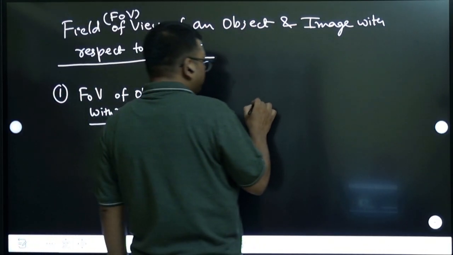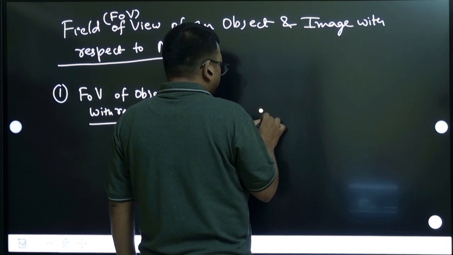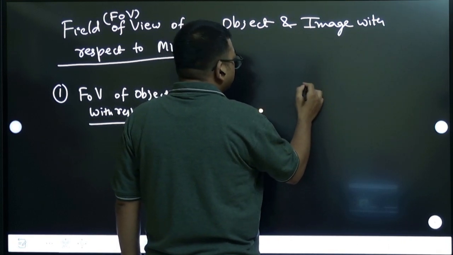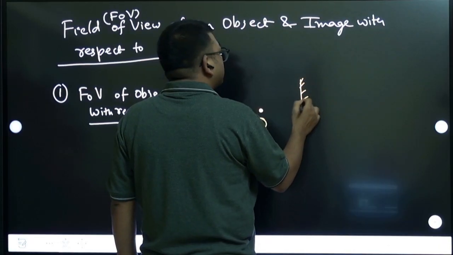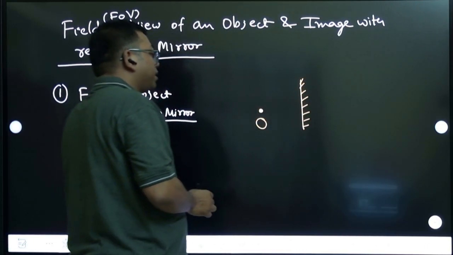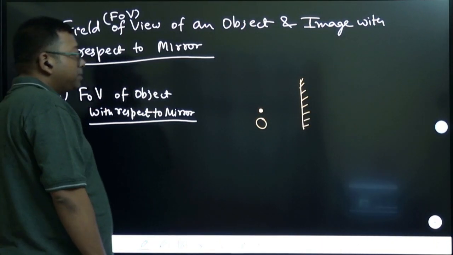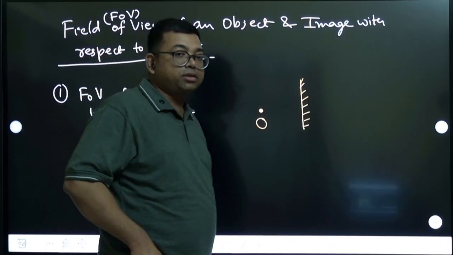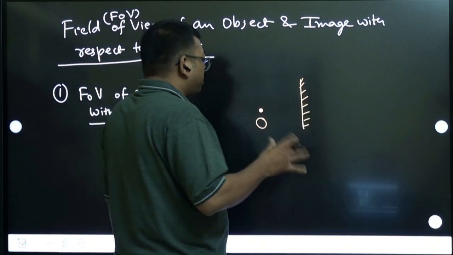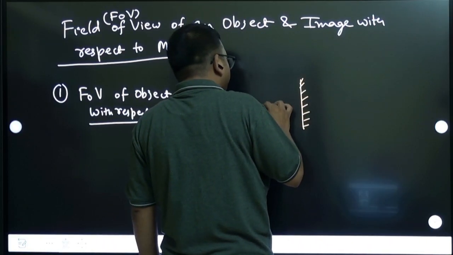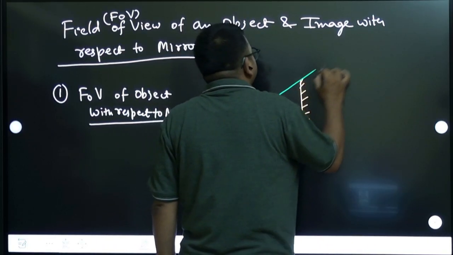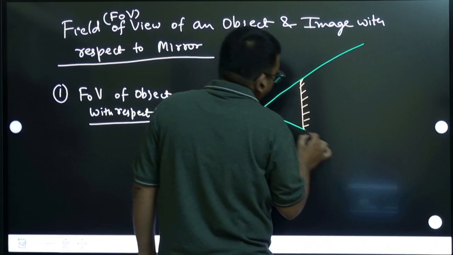Suppose there is an object, and let us say there is a plane mirror like this. It can be any type of mirror, but this is a plane mirror. Field of view is the space in which you can see this object with respect to the mirror. First, you connect the object with the edges of the mirror.